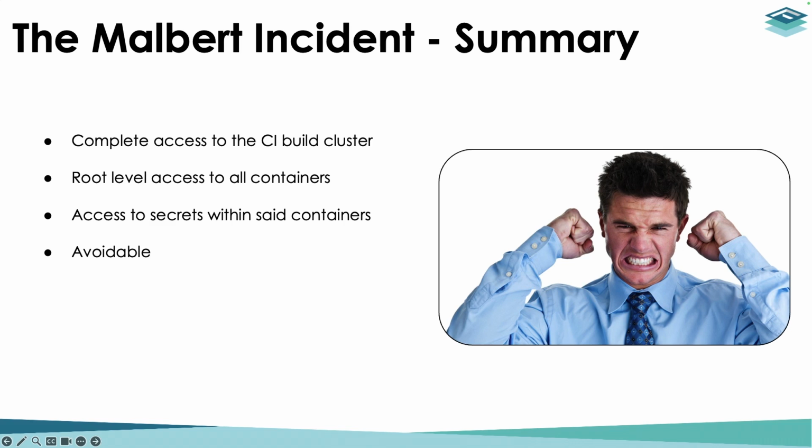This means he has access to all the secrets within each pipeline container and could theoretically use this access to access a running pipeline job and steal secrets from it. For example, the Kubernetes service account tokens that are used to deploy workloads on the deployment workload cluster. Now let's take a look at how this could look and get an idea of what the actual severity of this problem is.